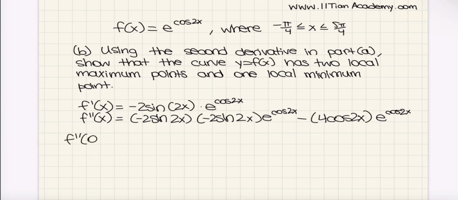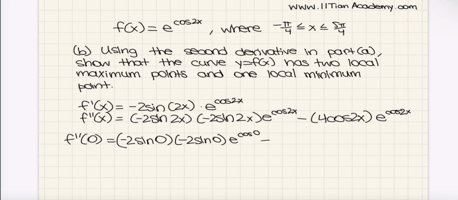Well, let's find that. At x equals 0, we get negative 2 sine 0 times negative 2 sine 0 times e to the power of cos 0. This entire thing is going to go away because sine 0 is 0, so we have 0 times something else, which is just going to be 0.